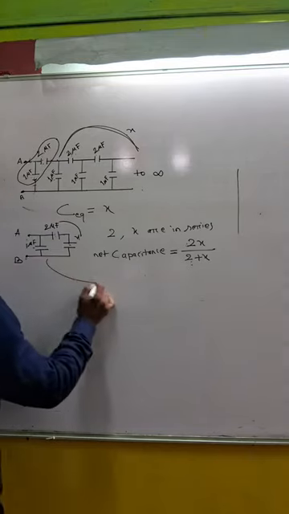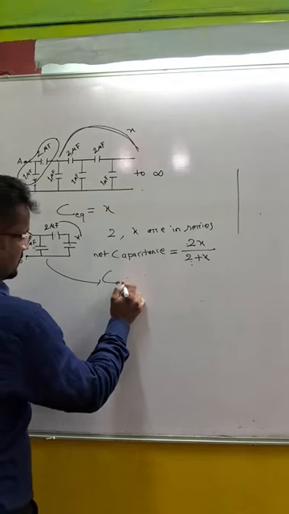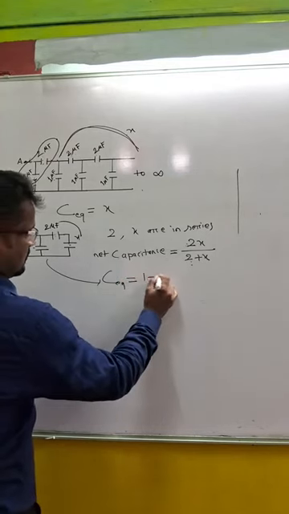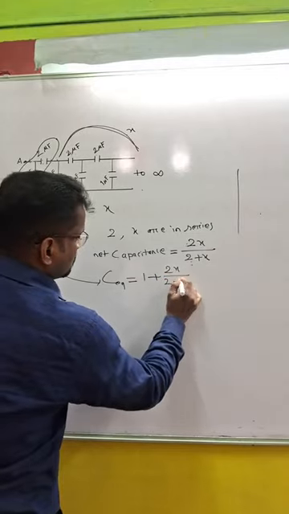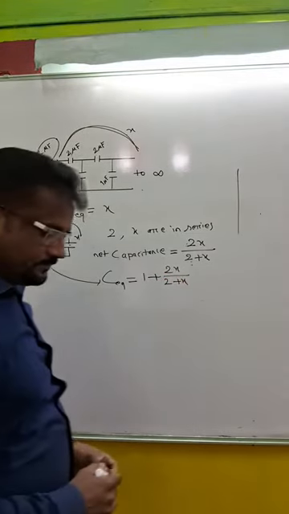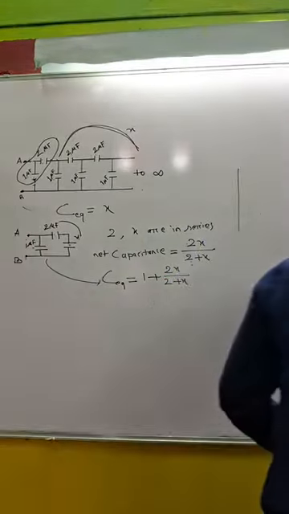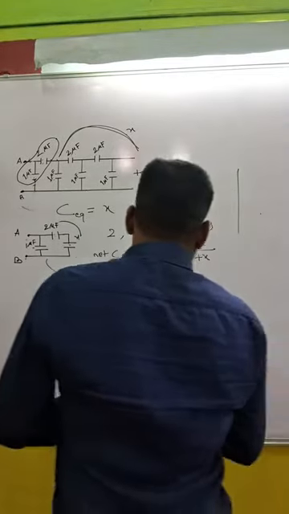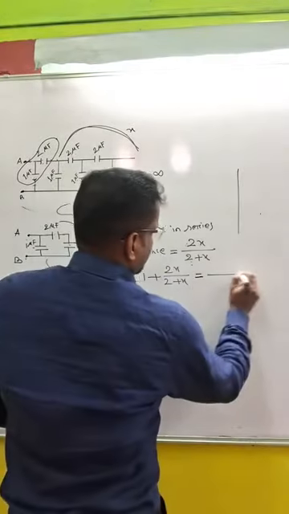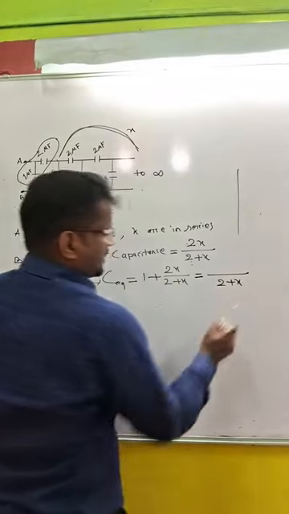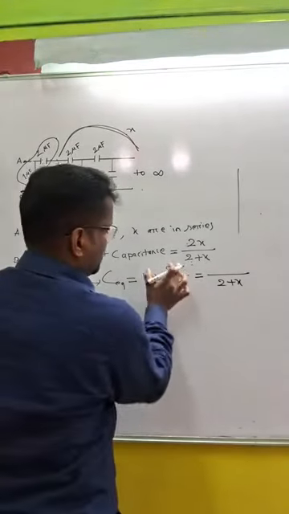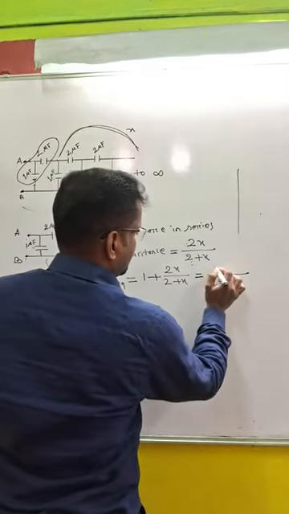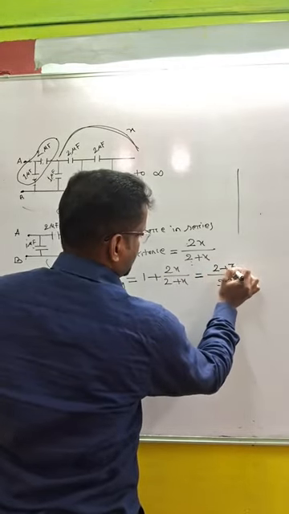Therefore, C equivalent is 1 plus 2X over 2 plus X. Now simplify this: taking LCM 2 plus X, it will be 2 plus 3X.